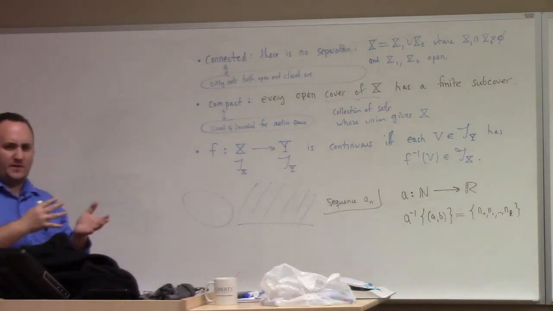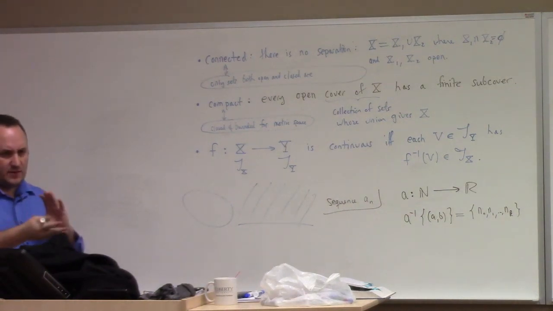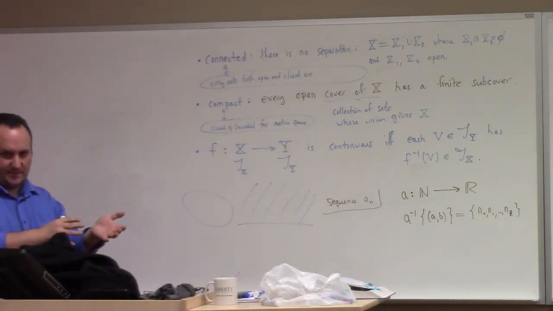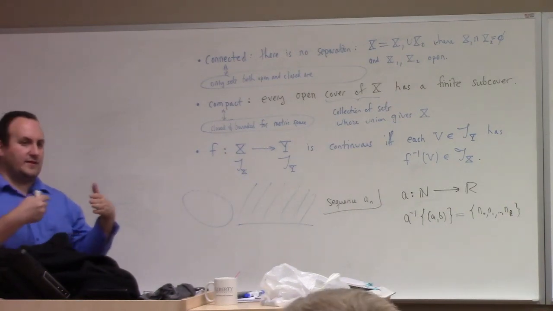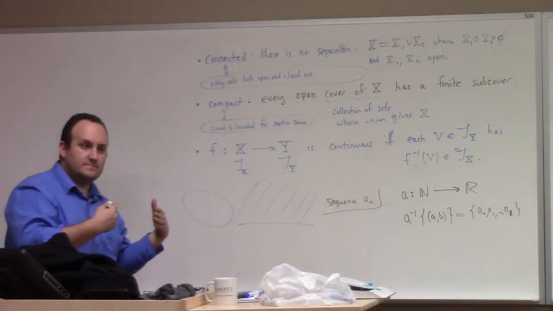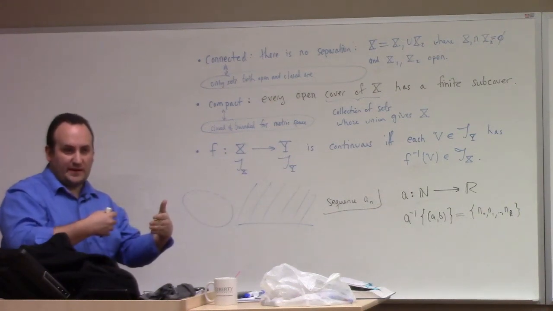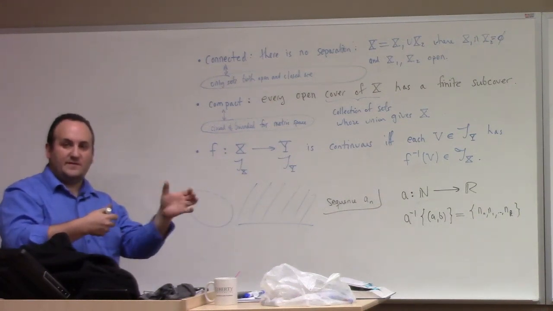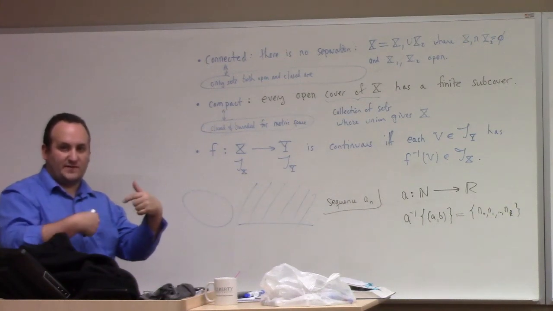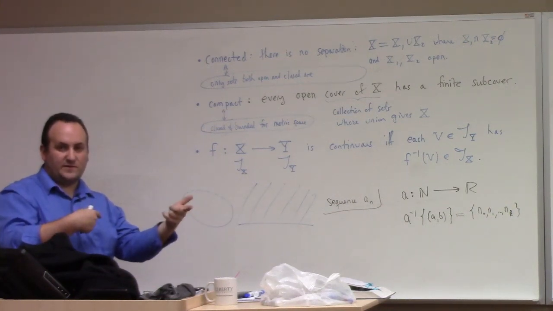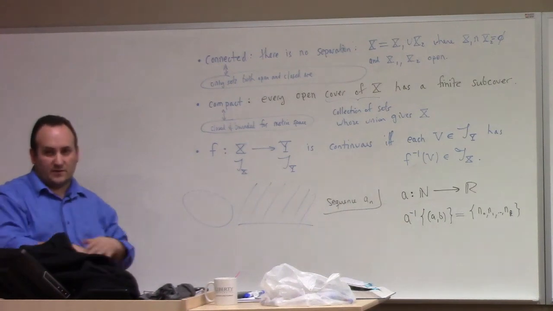To be open, you have to be in the topology. To be closed, the complement of the set has to be in the topology, right? What's the complement of the whole space? The empty set, which is open, right? So the whole space is closed and open. Likewise, the empty set's complement is the whole space, which is open. So the empty set is closed. The empty set and the whole space are always both open and closed in every topology.